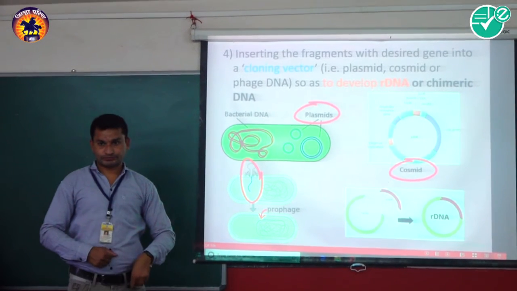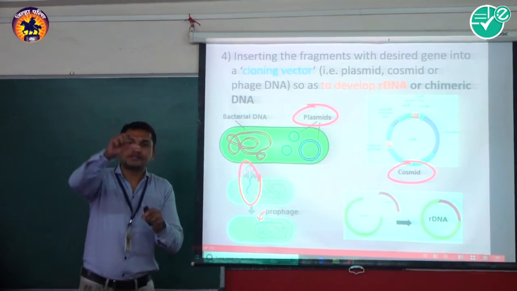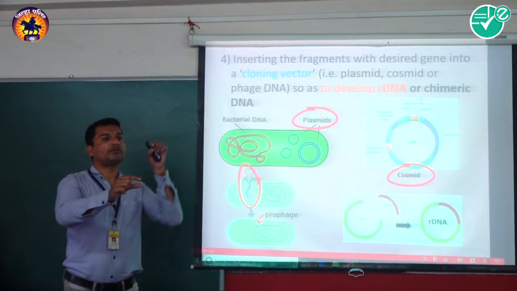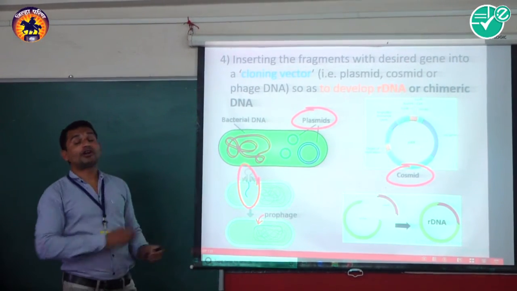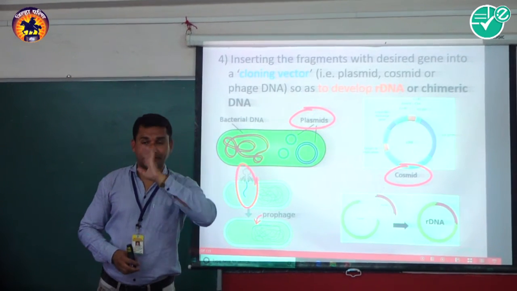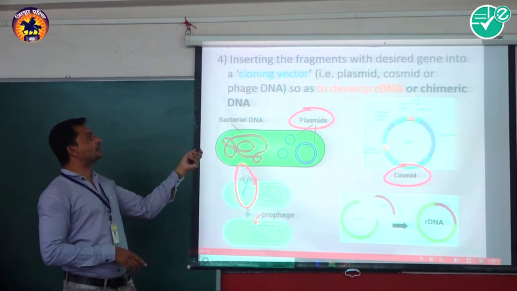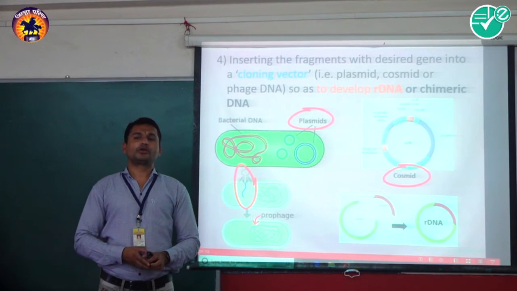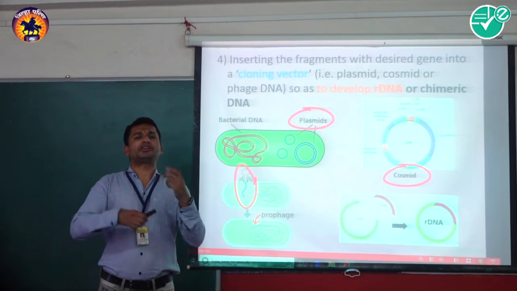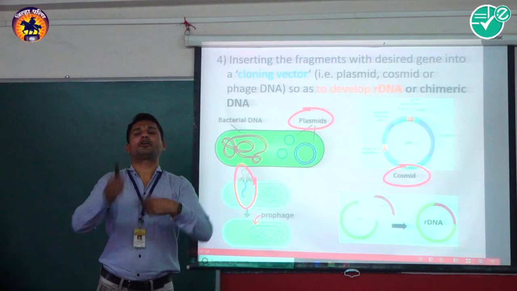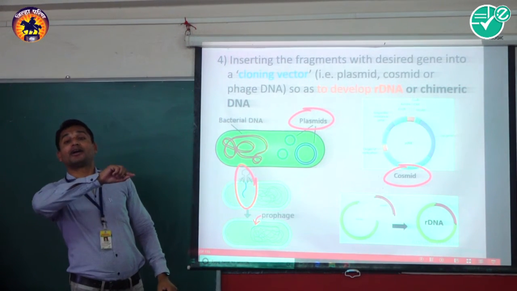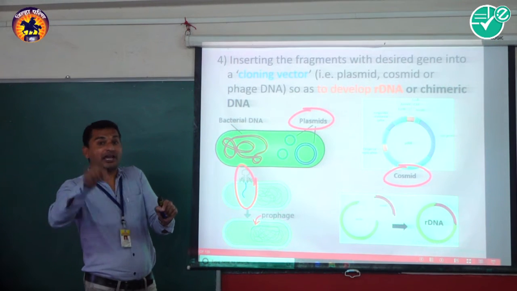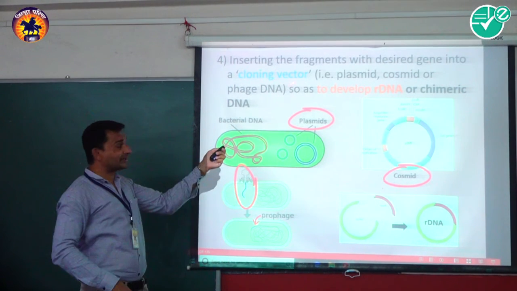Then what do we do? We take that desired gene and insert that fragment into a cloning vector. Here is one word: cloning. What is cloning? Simply we say, making Xerox copies, multiple copies, and that is done with the help of a vector.